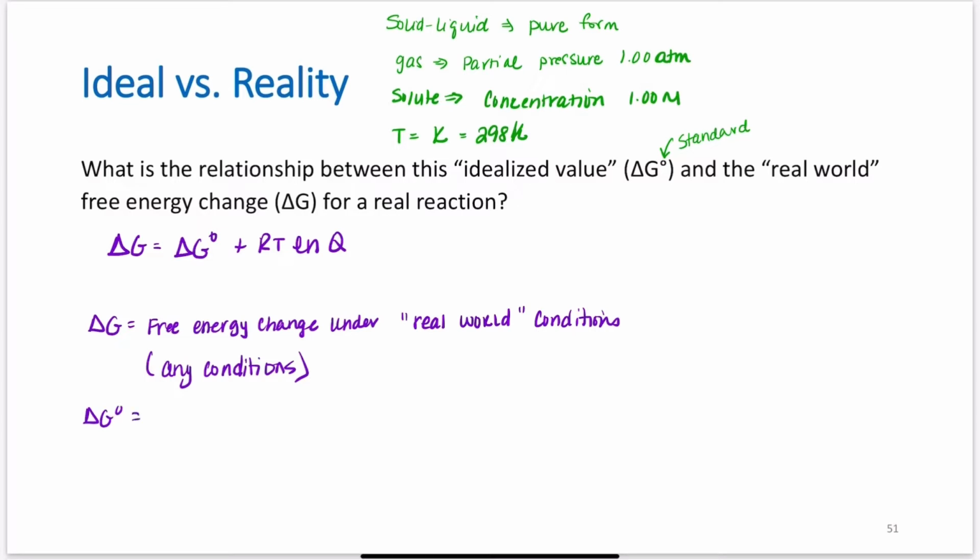Delta G naught is the standard free energy change, and this is what you get from your tables. This is that 1 atmosphere of pressure for partial pressure of gases, 1 molar concentration if you have a solution, 298 K.